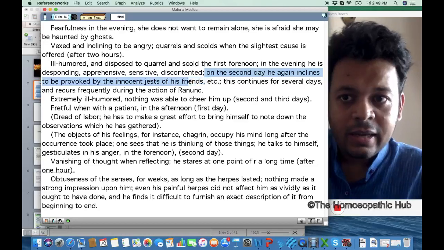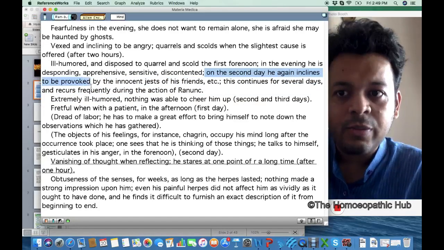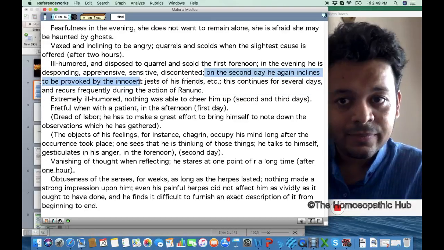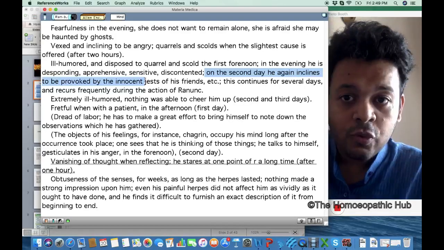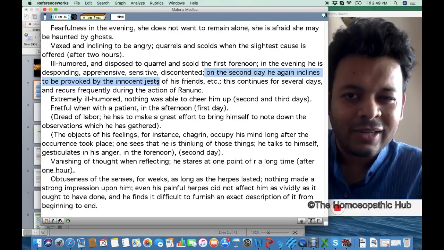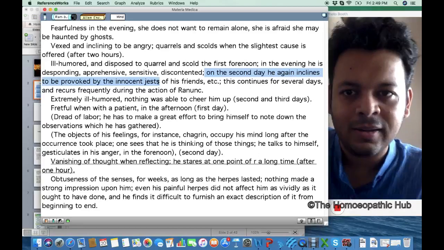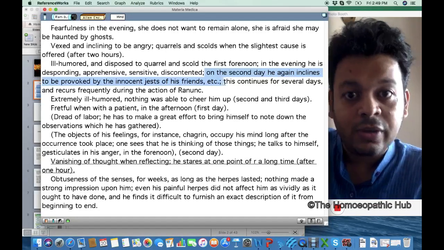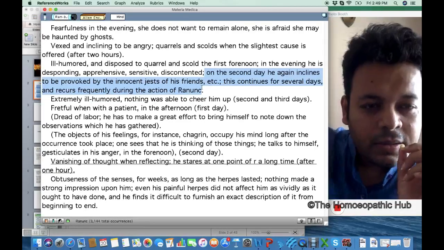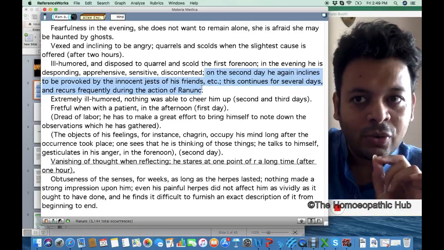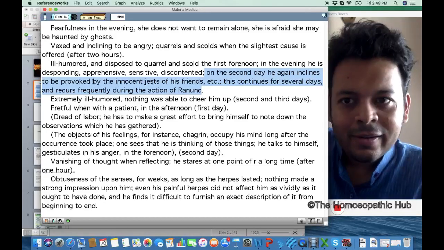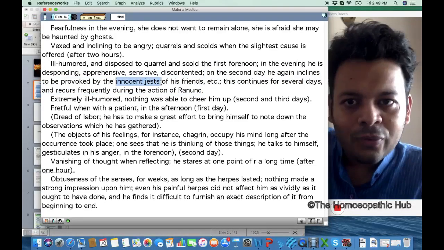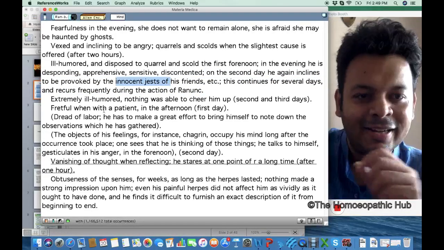On the second day he again is inclined to be provoked by innocent jests, like small jokes of his friends, and this continues for several days. So the idea of ranunculus bulbosus of offended easily is where a slight joke of a friend offends him. This is ranunculus bulbosus.